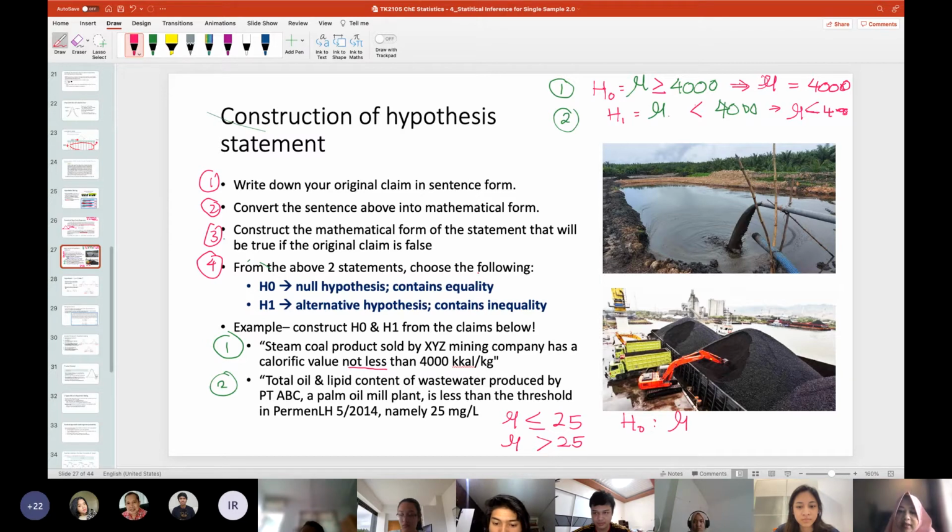That contains equality, yeah. But Pak Miki said in the new books, we don't put the lebih besar sama dengan, so we just put the equality, yeah.